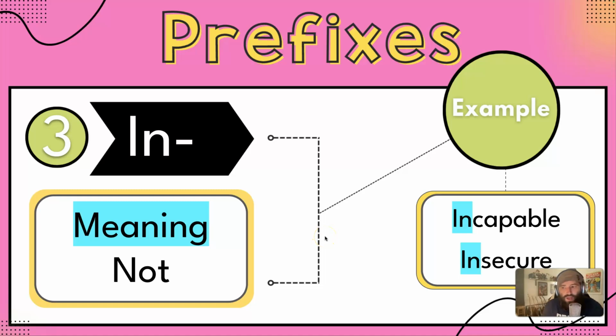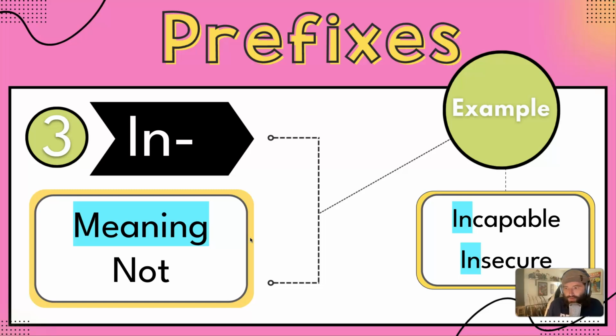insecure. Now the reason that we do this is because just the way our language works, it does not always fit, right? I can't say uncapable. I cannot say unsecure. I mean, I can say unsecure, but it doesn't have the same meaning as insecure, okay? Unsecure means the opposite of being secure, like if something's not strapped down, it's unsecure.